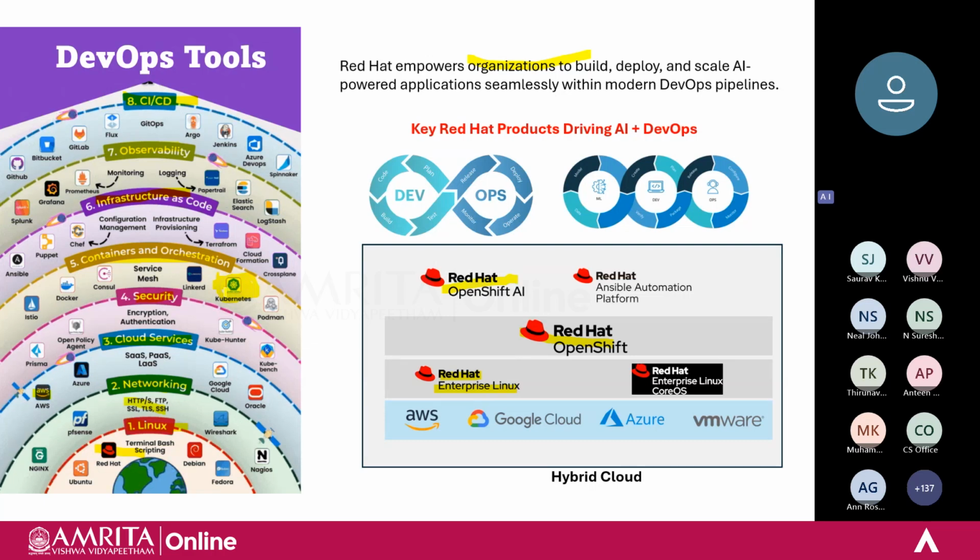On top of that, you need to focus on CI/CD tools like Git, GitHub, Argo CD, and all those tools to build a CI/CD pipeline. So this is how your approach should be in the certification.